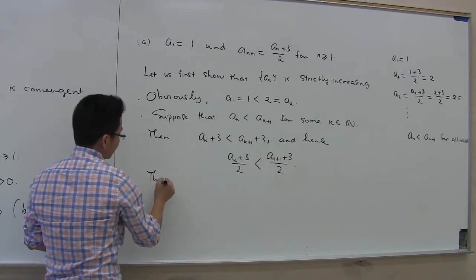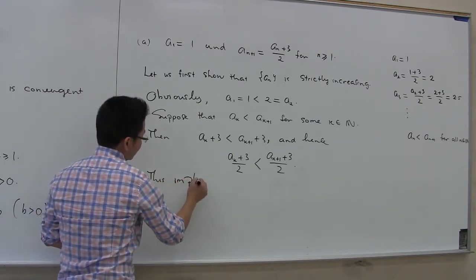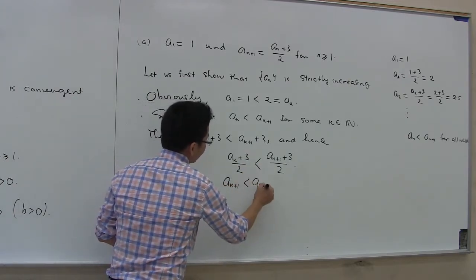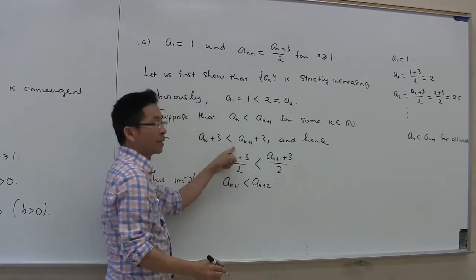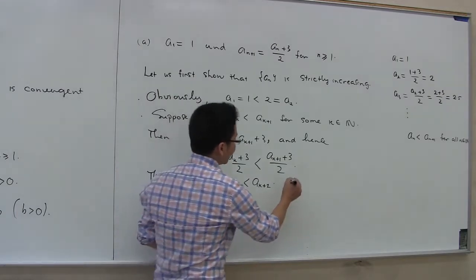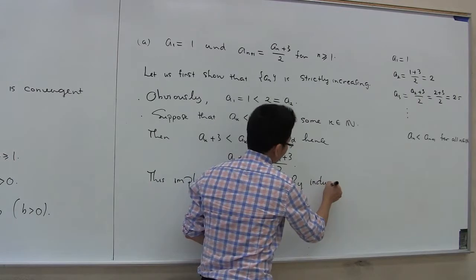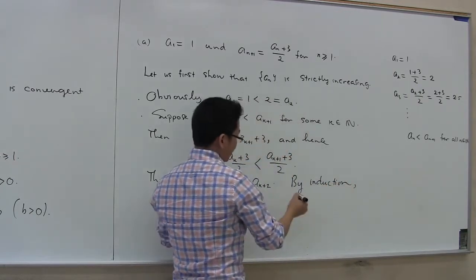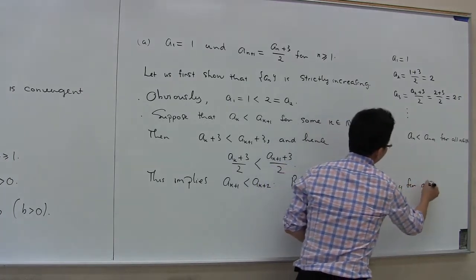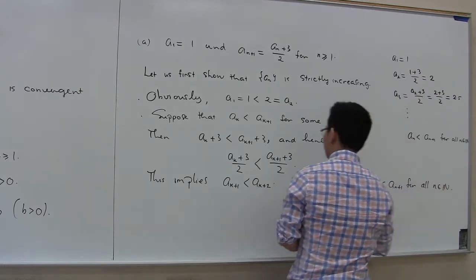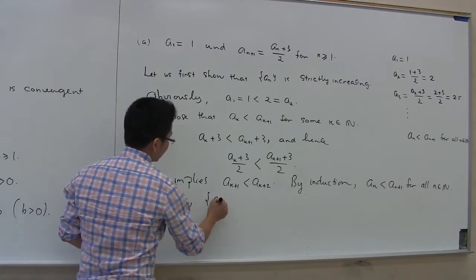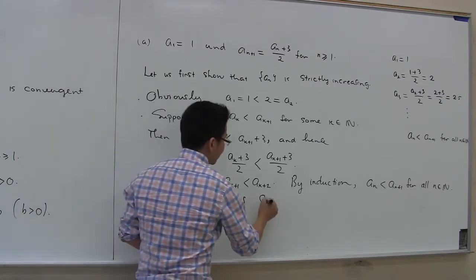Now, this implies that a_{k+1} is strictly less than a_{k+2}, because this is exactly a_{k+1} and this is exactly a_{k+2}. So by induction, we see that a_n is less than a_{n+1} for all n in N. Therefore, a_n is strictly increasing.